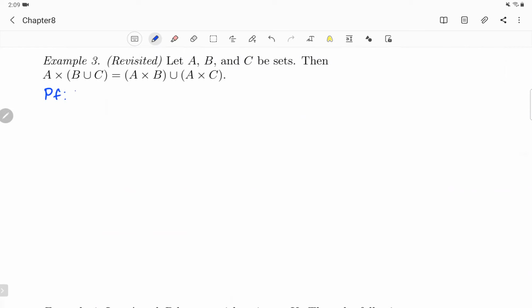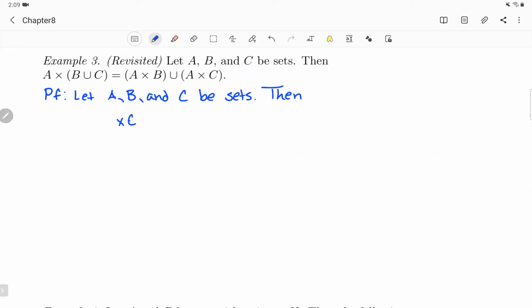Oh, that was the long way? Well, that was the wordy way. Let A, B, and C be sets. Then, all right, here we go. I'm going to do a series of if and only if statements in columns like I would an equation. This will be my left side.